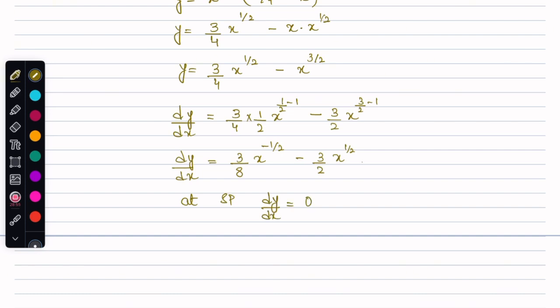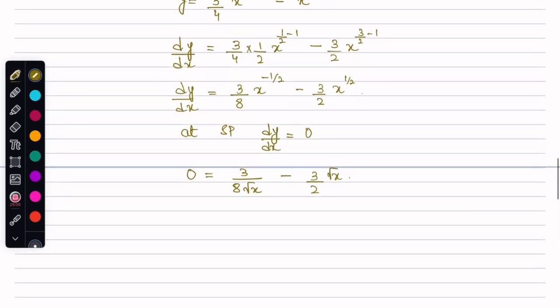I will be substituting 0, and then this is 3 by 8 under root x minus 3 by 2 under root x. I'm supposed to get the value of x. Therefore, I can take 3 by 2 under root x to the other side, so that this is what it becomes.